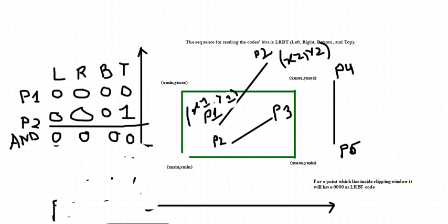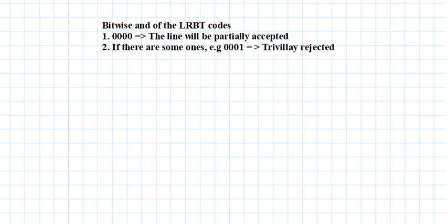You will find that at some position there will be a 1 in the result of the bitwise AND operation. In that case, you will trivially reject this line. So this is your homework. You try to do this at home.